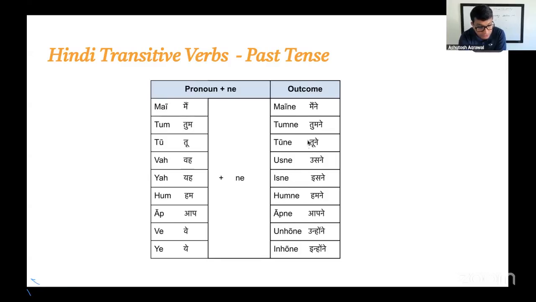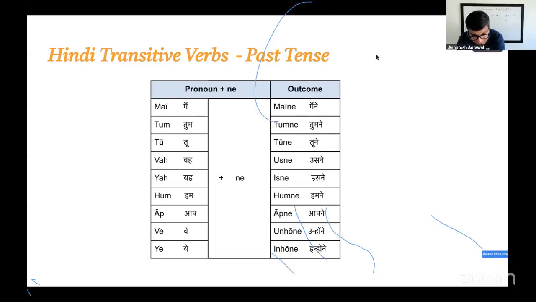It becomes तूने. Very good. Okay. And वह or वो is your he or she. It becomes उसने. Okay. Now let's see. Natasha ji, you want to work on this one? यह becomes इसने.